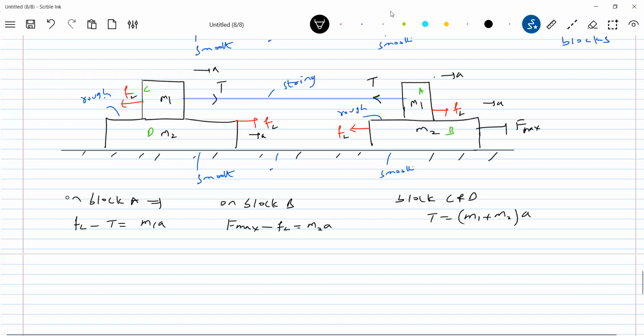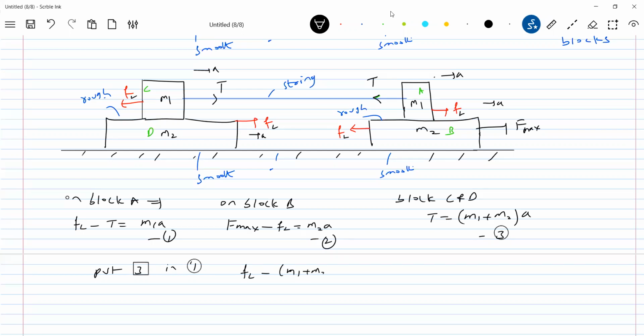Now equations 1, 2, 3. I'll put 3 in 1. Then this becomes FL minus (M1 plus M2)A equal to M1A. So what is the value of FL? FL should be equal to (2M1 plus M2)A.